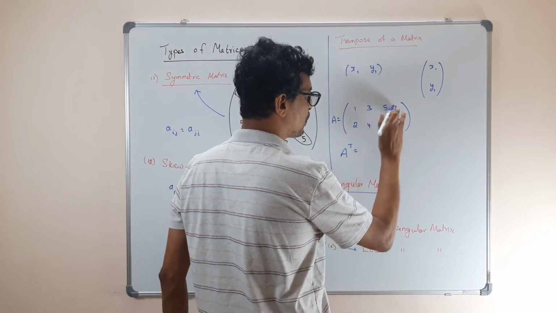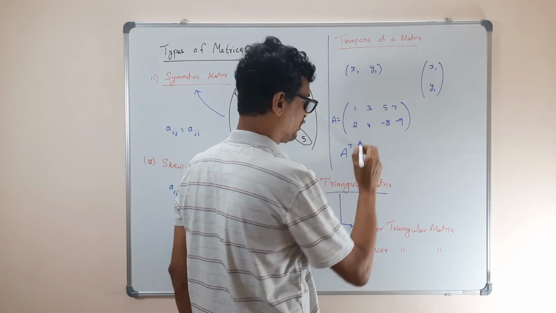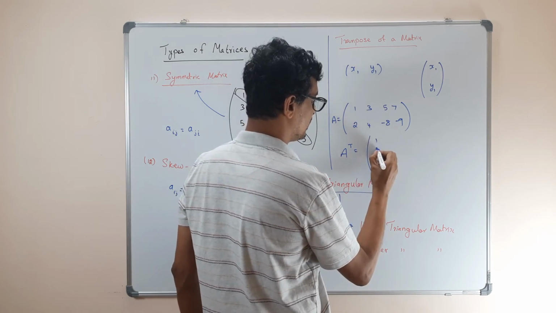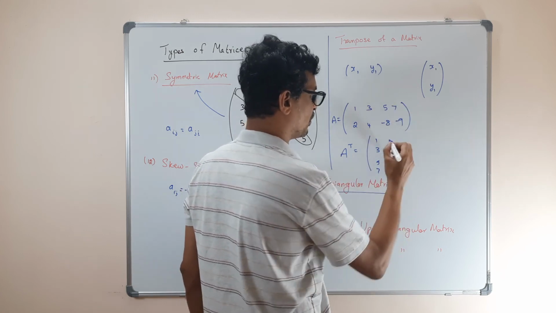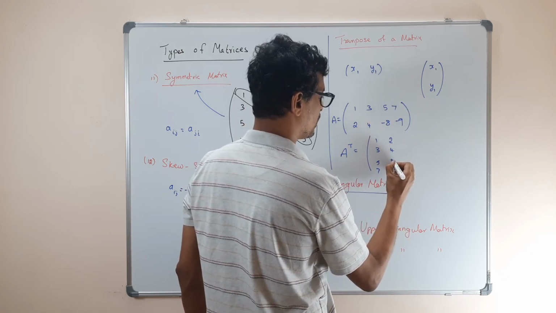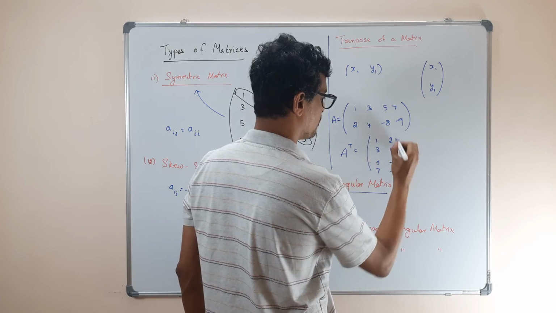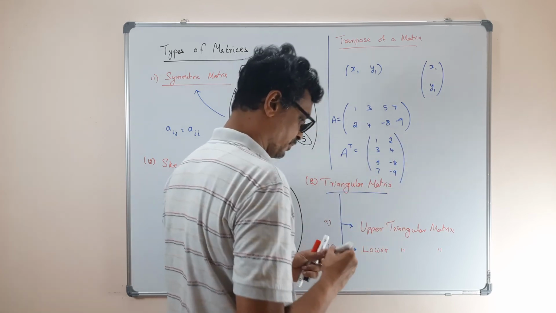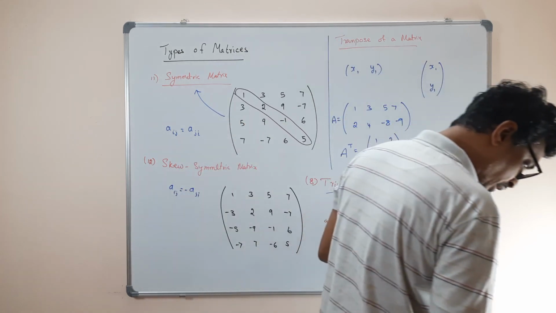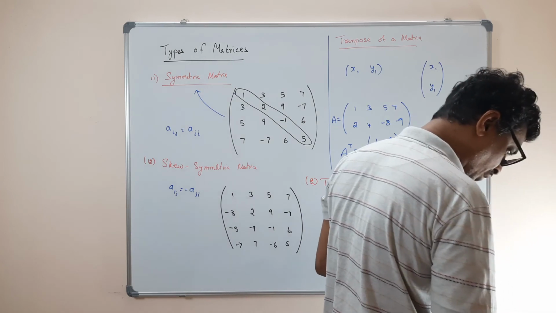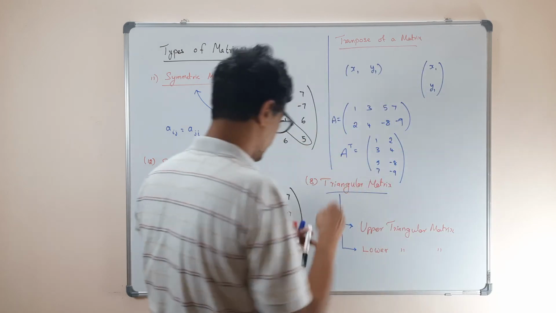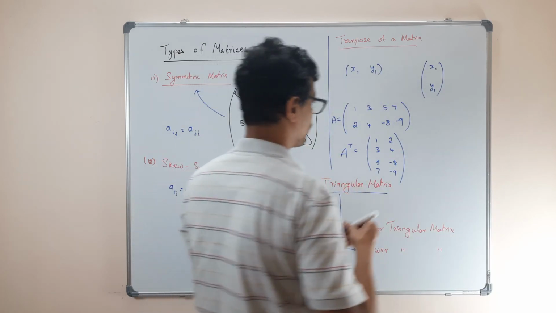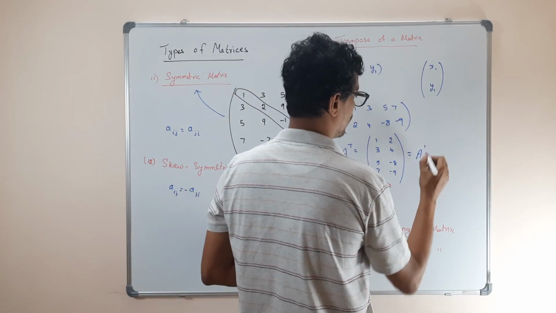So your first row will become first column. So that means 1, 3, 5, 7. Second row will become second column: 2, 4, minus 8, minus 9. Okay. Clear? That's what your transpose of A is. There are two symbols: A power T, or they write it as A prime also.